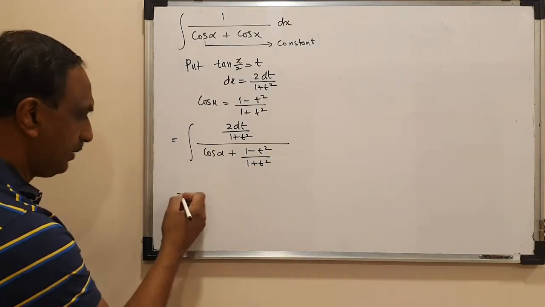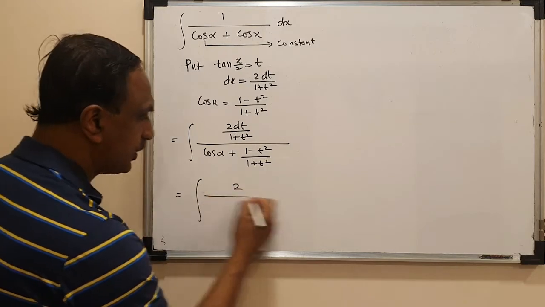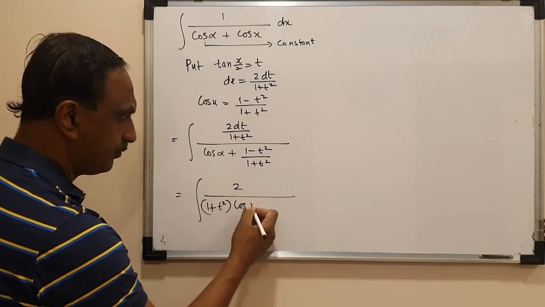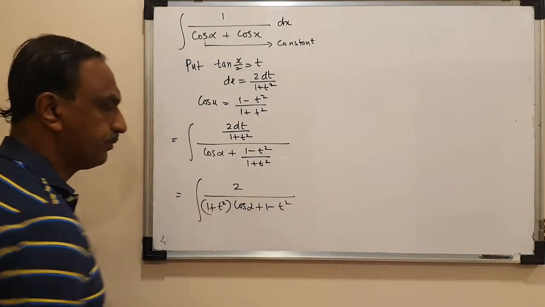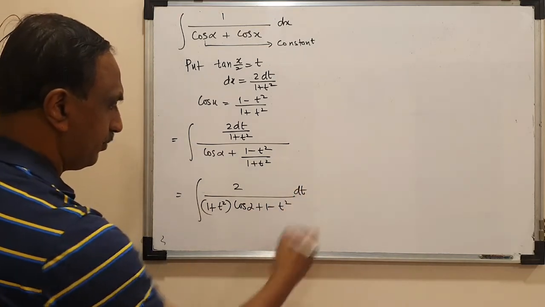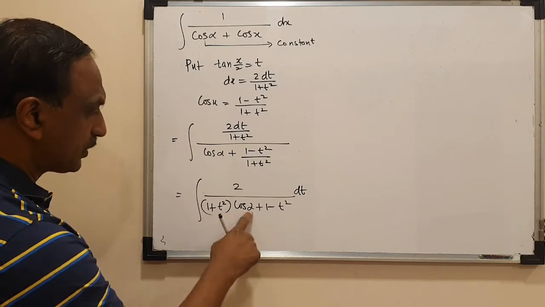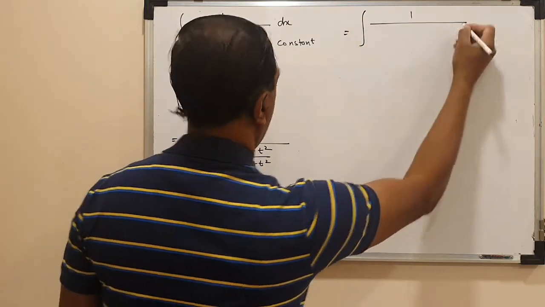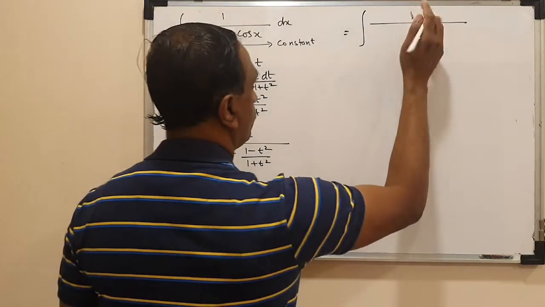Now we'll take the LCM as usual. So there's no change in the method. 1 plus t square into cos alpha plus 1 minus t square into dt. Now the t square's coefficients are, okay, I'll put the 2 also.